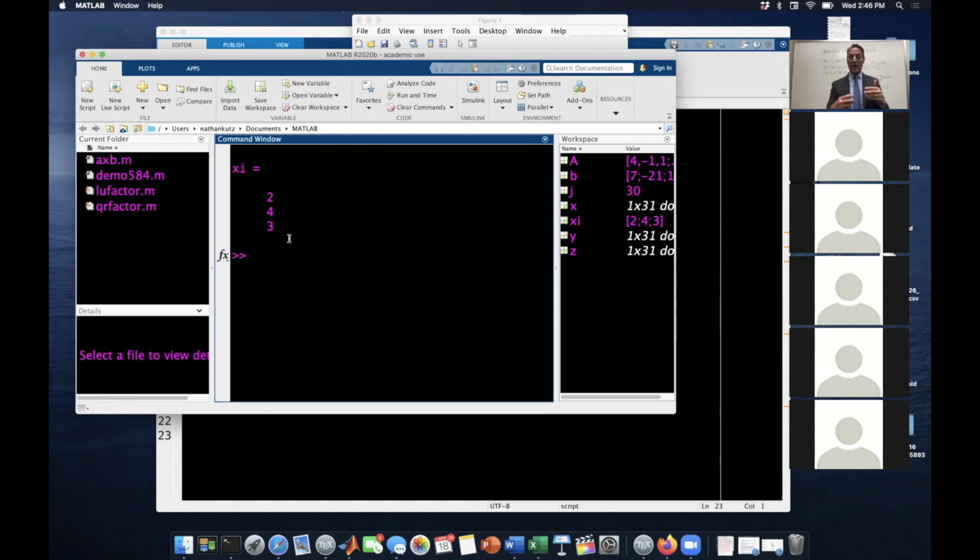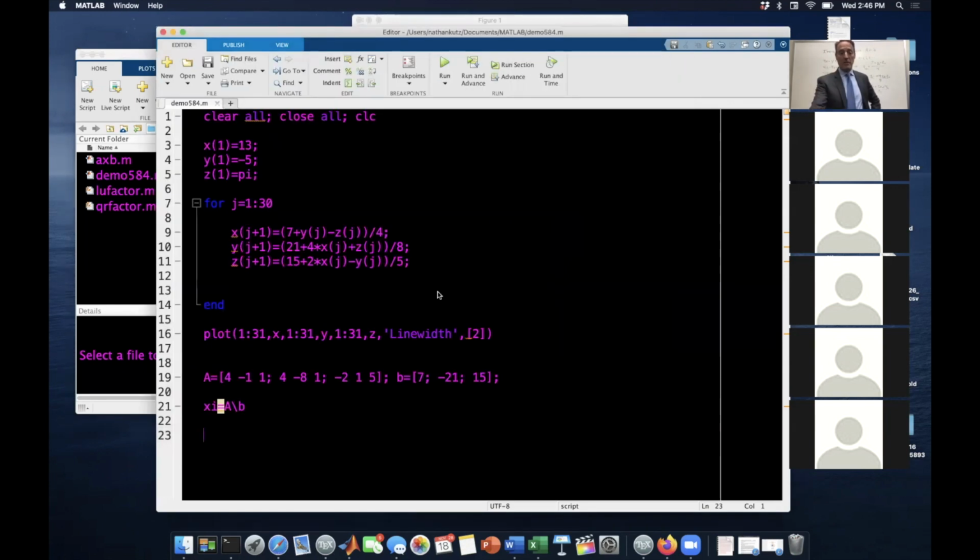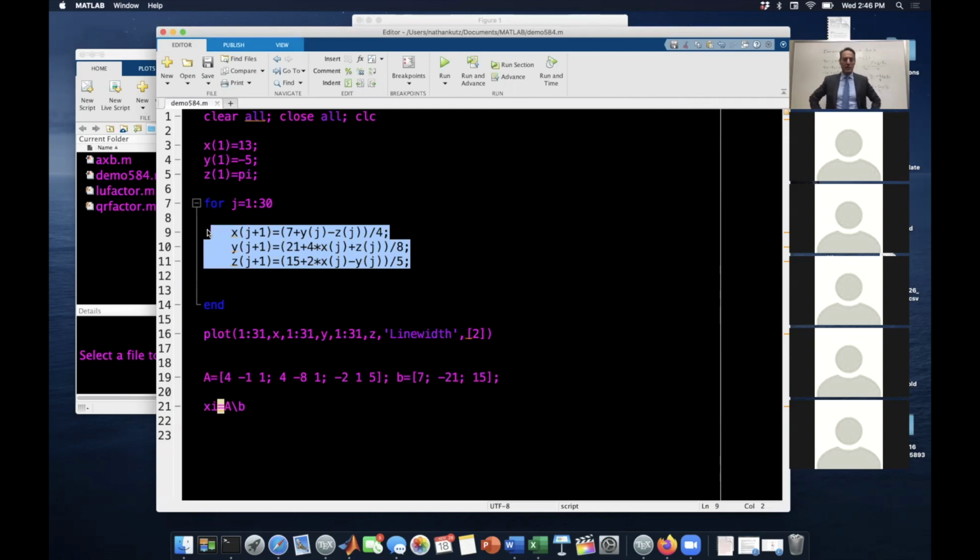This is starting to highlight a very different strategy for us computationally, which is instead of a progressive set of algorithms that reduces Ax equal to b into some form where I can just solve for it, it seems to you at this point maybe that I just made up some iteration scheme, let it go, and the iteration itself produced this solution to this Ax equal to b problem.